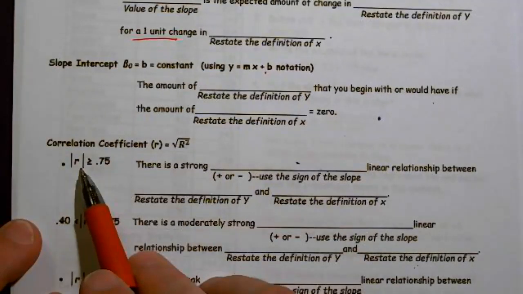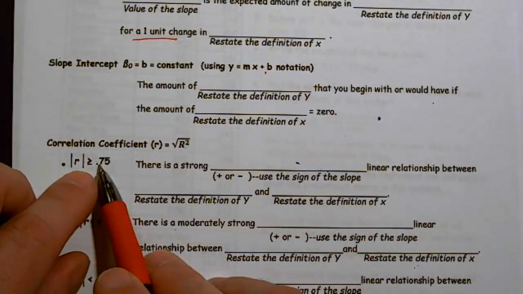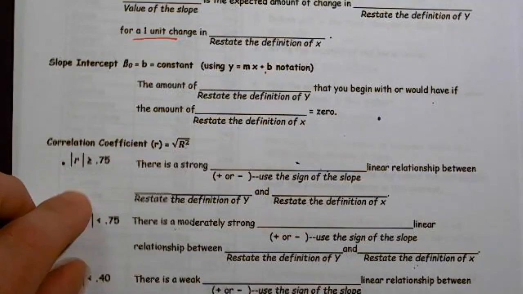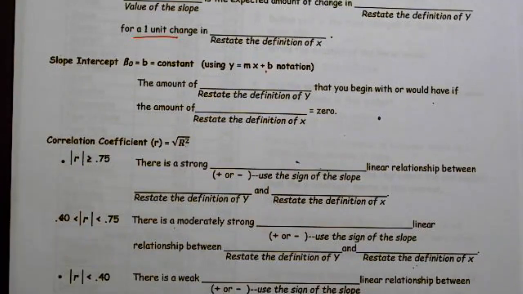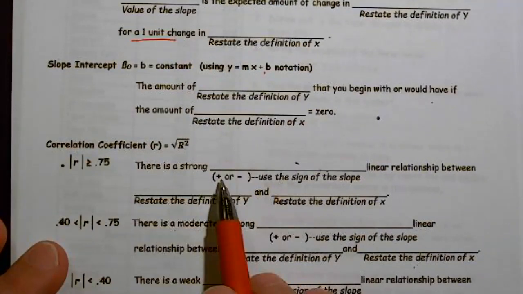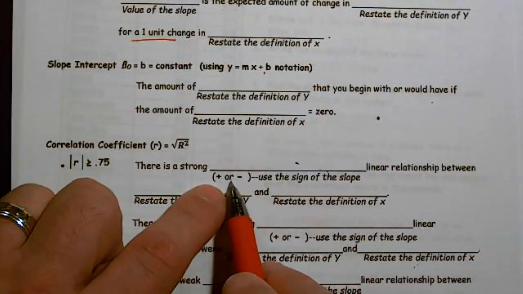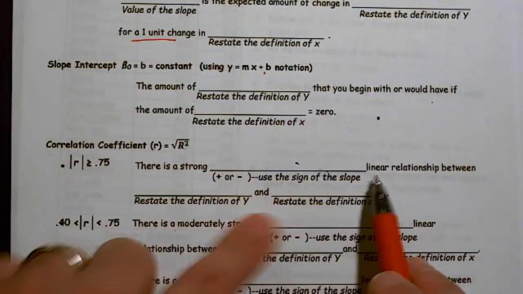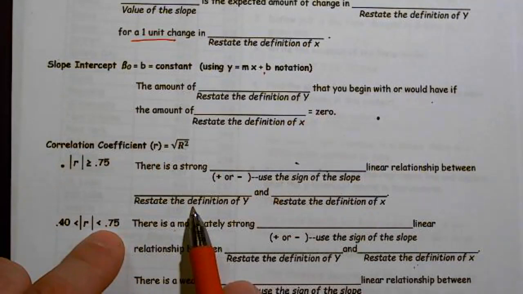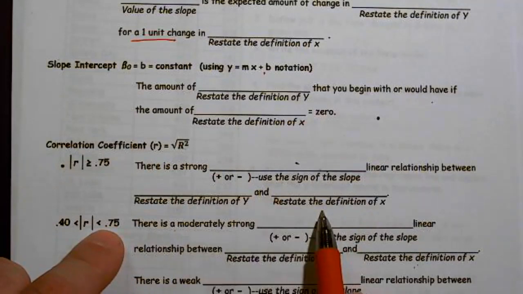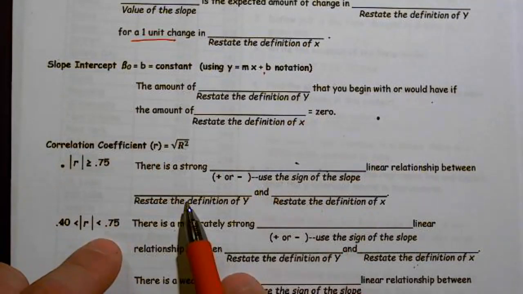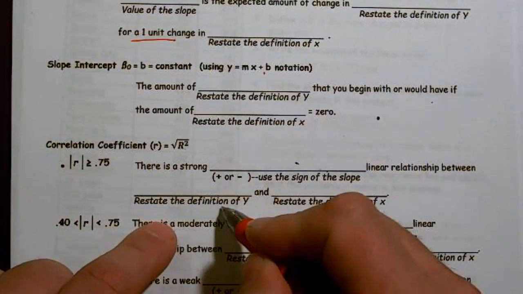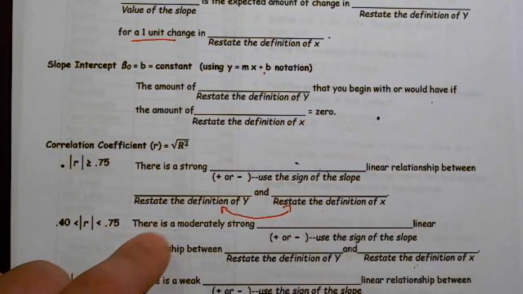If the absolute value of r is greater than 0.75, so if r is 0.75 or 0.85 or 0.95, or negative 0.85 or negative 0.95, there is a strong, and you need to include the sign, positive linear relationship if it's positive, negative linear relationship if it's negative, between whatever the name of our y variable is and whatever the name of our x variable is. If you swap the order on these two, it's okay.